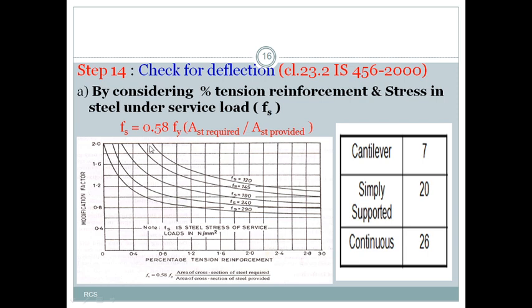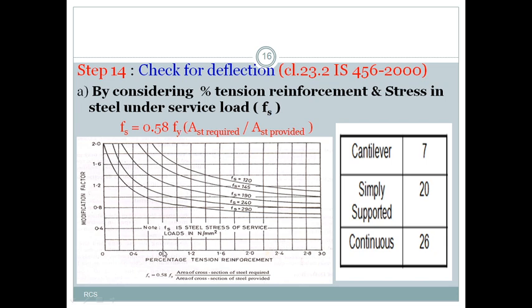So with respect to fs, I can calculate like this. After calculating fs, we have to calculate the modification factor. We can calculate the percentage of tensile reinforcement, which we know. Based on fs, you can calculate the modification factor. In this graph, on the x-axis I have mentioned the percentage of tensile reinforcement, on the y-axis they have given the modification factor, and there are some curves. Those curves are related to fs, that is the stress in steel under service load.